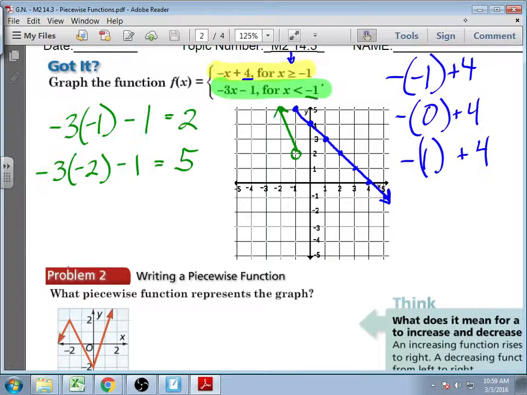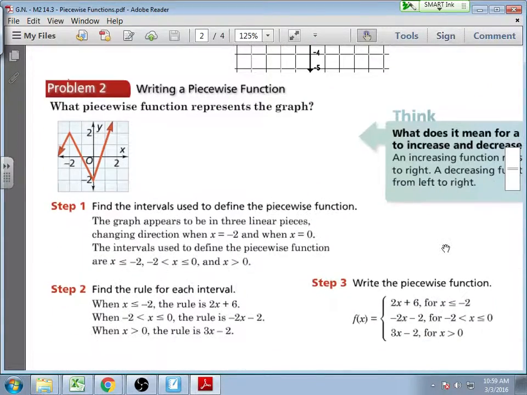So when we see the graph and we're asked to make the piecewise function, we then need to analyze what's going on. Where are my breaks? Where are my intervals? So what I see here is I have breaks at -2 and 0, or changes in direction.